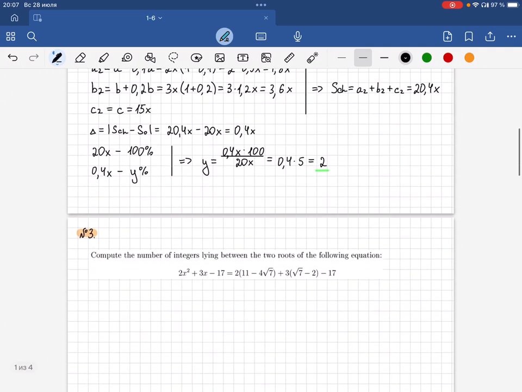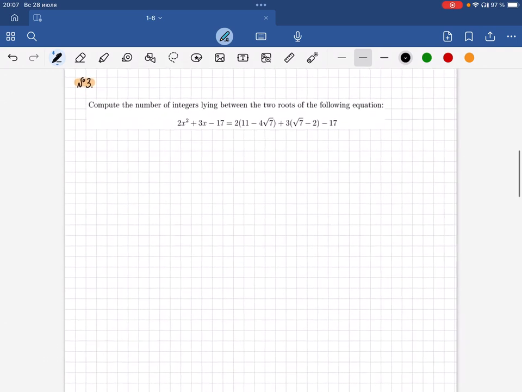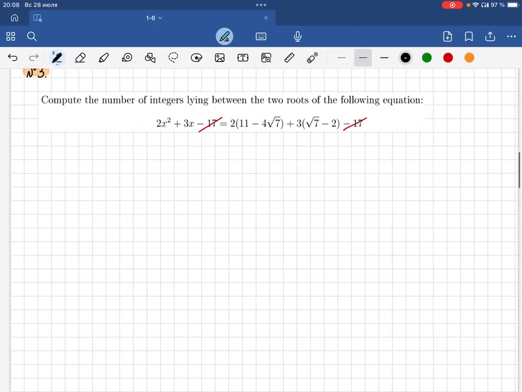Okay, now let's move to the next problem. Here we have to compute the number of integers lying between the two roots of the following equation. Okay, so first of all, let's get rid of these 17. And also let's move these two terms to the left part of the equation.